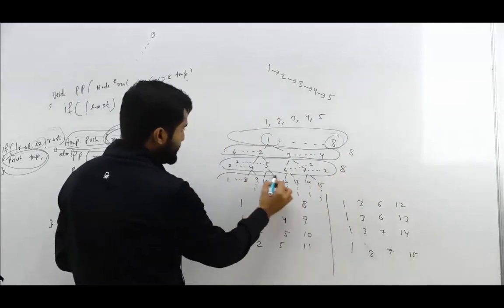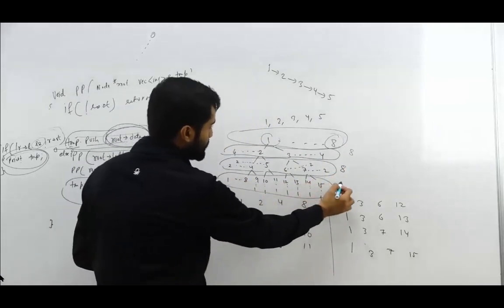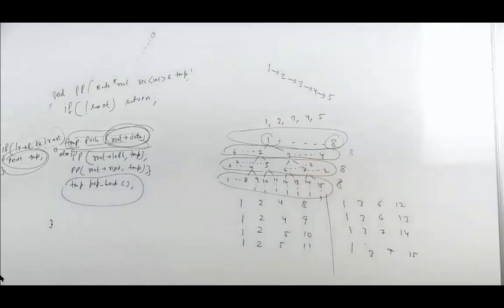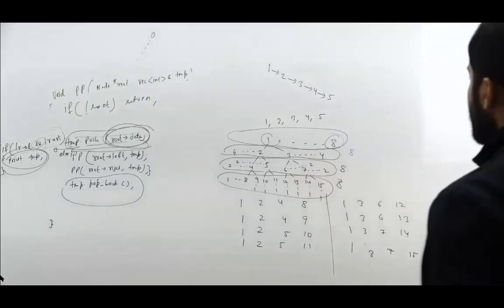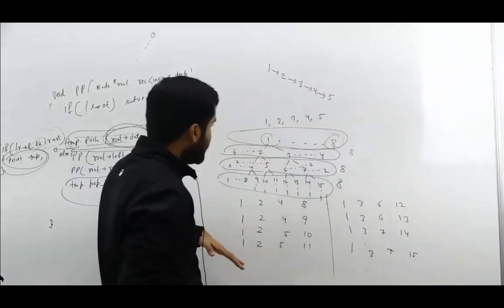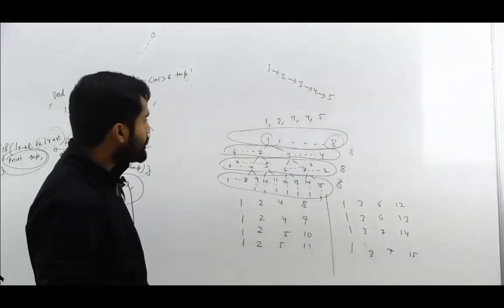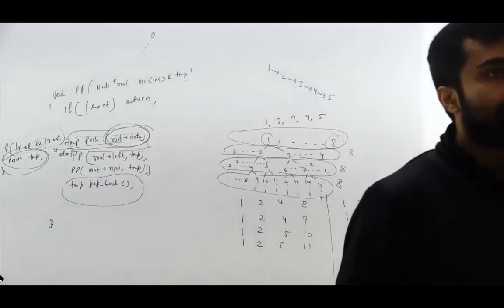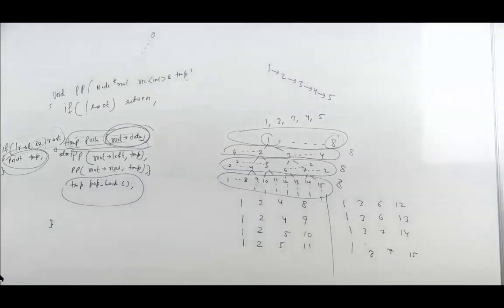And at this level, 1 plus 1 plus 1 plus 1, again 8. Do you see it? Yes or no? So at each level, the number of prints happening is 8 only. This is a point worth noting.